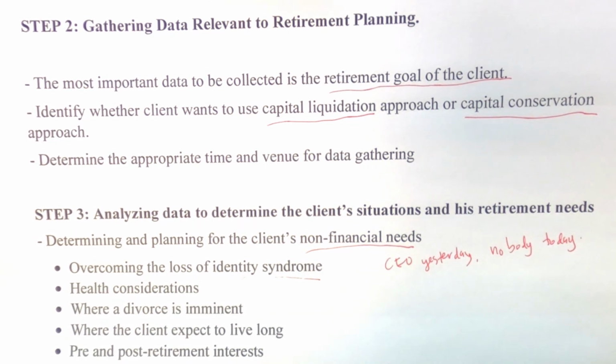And this is some kind of loss of identity for someone who suddenly loses the position and the power and influence, and it is part of the needs that the clients also need to understand.